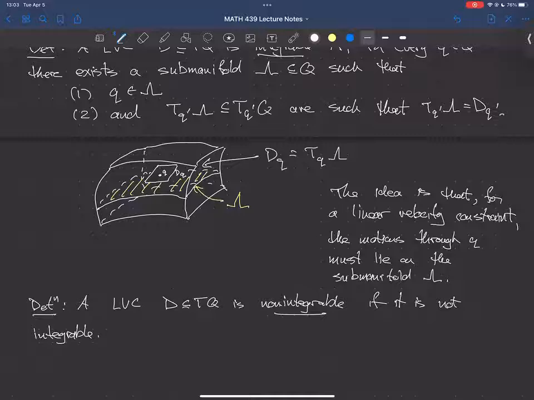If it's integrable, you're not just constraining velocities, you're constraining positions, and somehow you'd like to be able to detect that. You don't want to have to try to find this submanifold lambda. But you'd like to at least say when a linear velocity constraint is integrable and when it's not. It turns out there's a simple way you can check that.